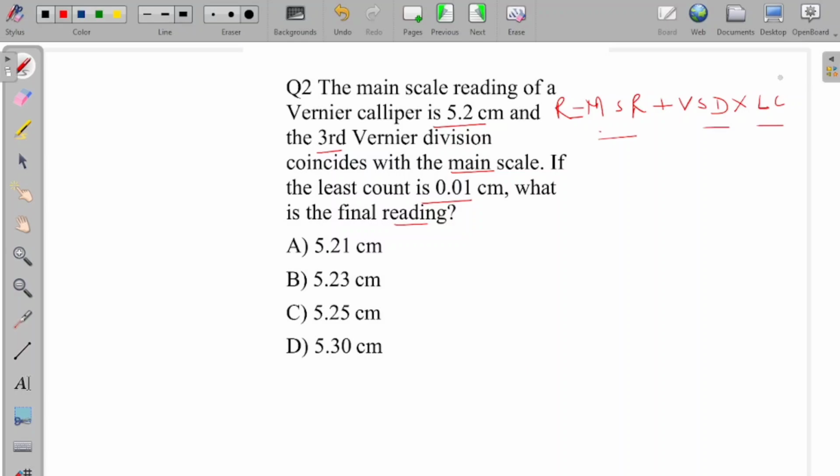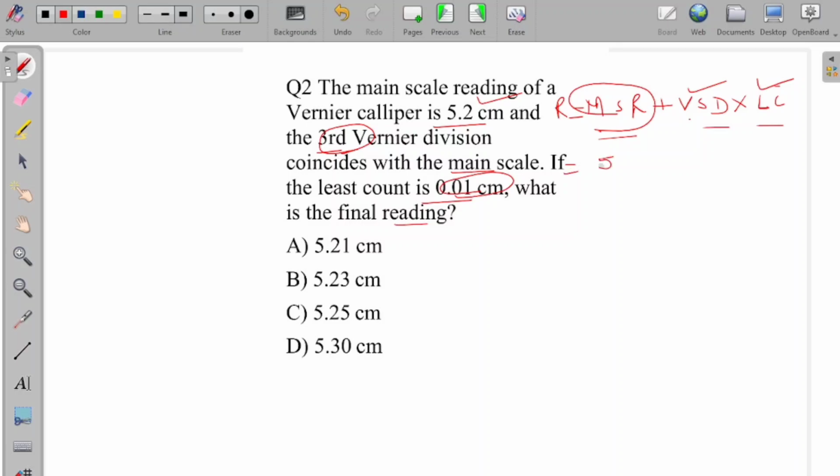So do we have all these values in this question? Let's see. Do we have the least count? Yes, the least count is 0.01 centimeter. Do we have Vernier scale division? Coinciding Vernier scale division is also given. Do we have main scale reading? We have main scale reading as 5.2 centimeter.